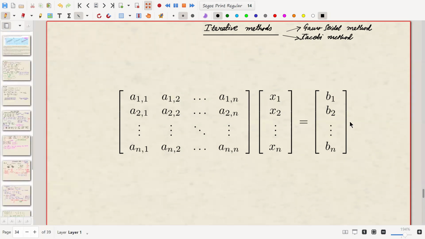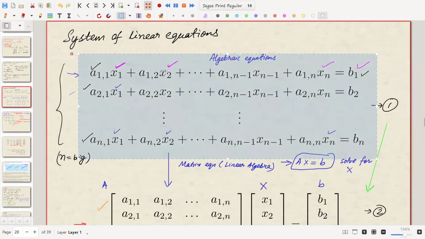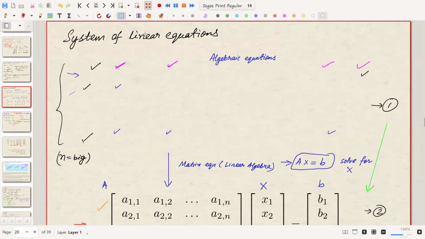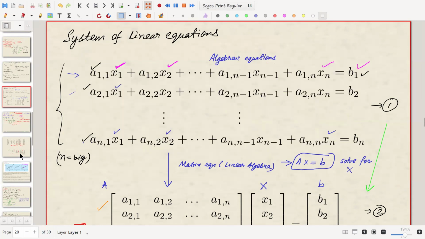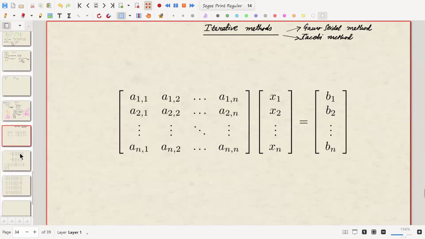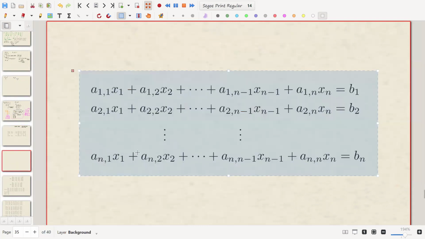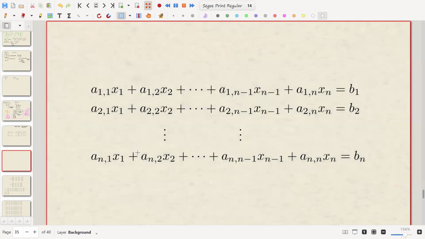Let me write it here so that it will be easier for you to understand. So what I'm asking you here is, from the first equation, can you give me the x1 value?